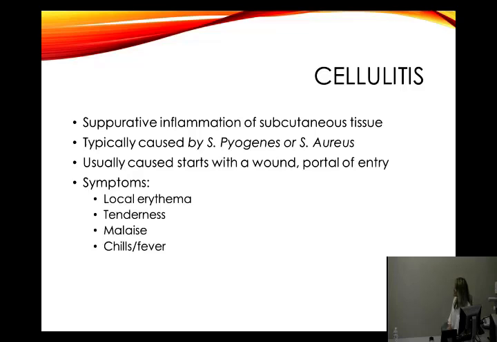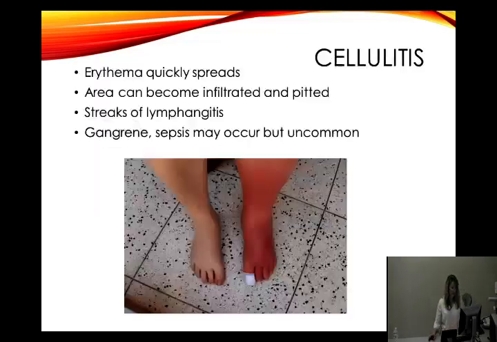And symptoms include local erythema, tenderness, malaise, chills, and fever. And the erythema can spread quickly. The area can get infiltrated. You can see that patient's left leg almost looks like that skin just wants to burst open. They can have pitting edema, streaks of lymphangitis, and gangrene or sepsis may occur, but that's pretty uncommon.